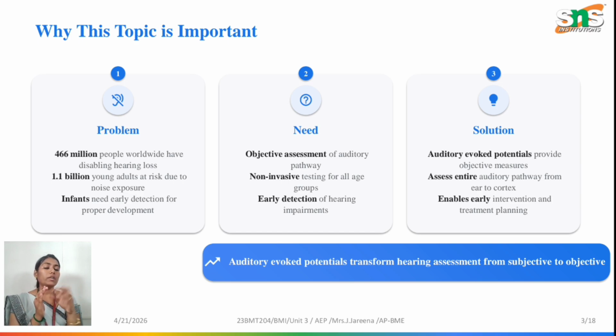And then it enables early intervention and treatment planning. That is the main objective, offering a solution for the problem. So auditory evoked potential is a technique which transforms subjective treatment into objective assessment.